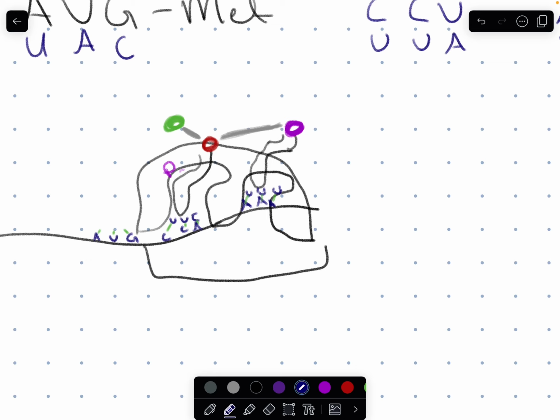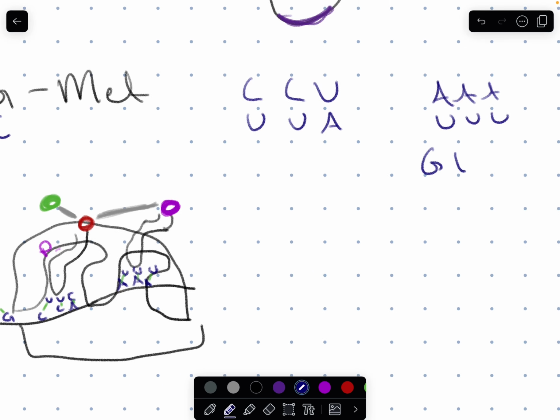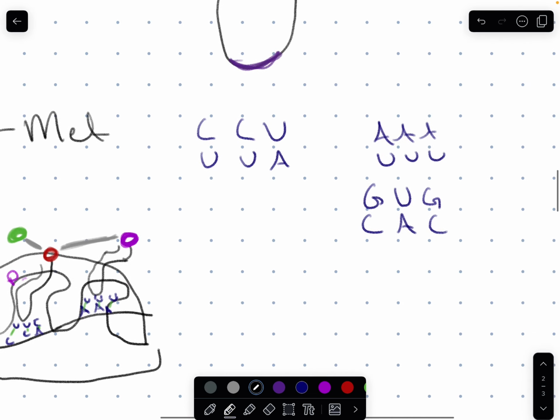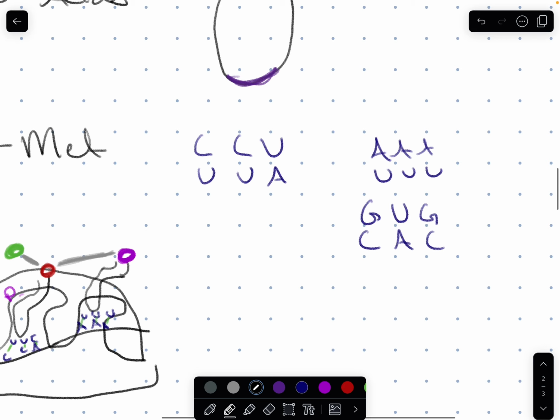Let's say our next codon is GUG, that'll give us CAC, and we'll make a little tRNA for that guy.